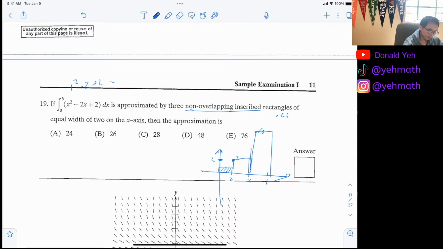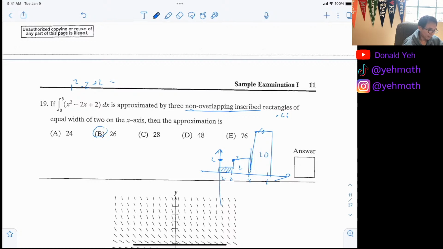Therefore it's 2 times 1 is 2, this one is 2 times 2 is 4, and this is 2 times 10 is 20. So the answer is 26.